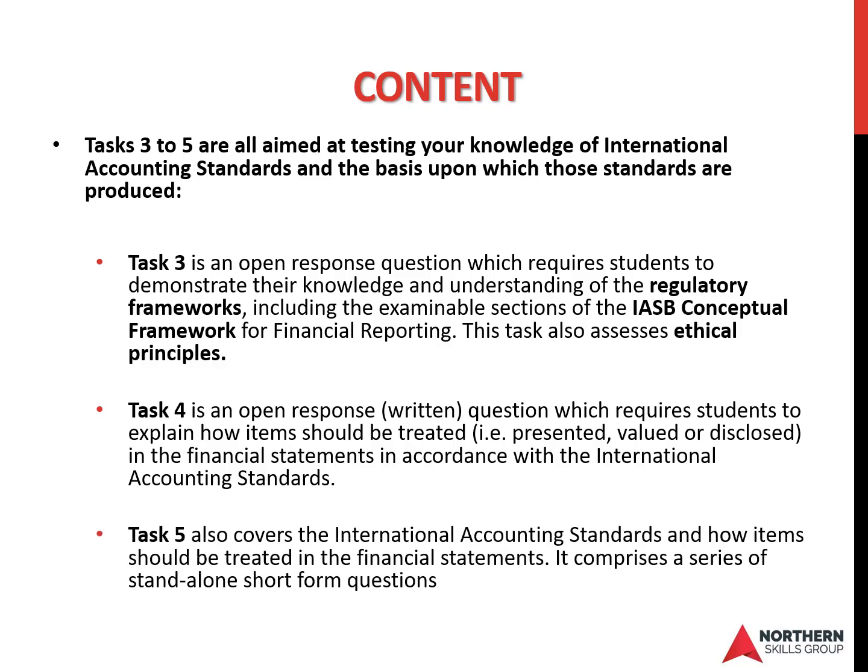And finally, task 5 is more of a computational question. It's in task 5 that you'll probably get questions about calculation of inventory values under IAS 2, impairment adjustments to assets will be in task 5, and also if you had financial statements to prepare in tasks 1 and 2 rather than a cash flow, task 5 might also include questions relating to the cash flow statement as well.